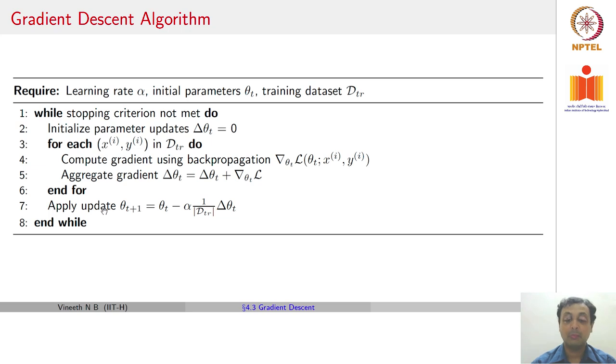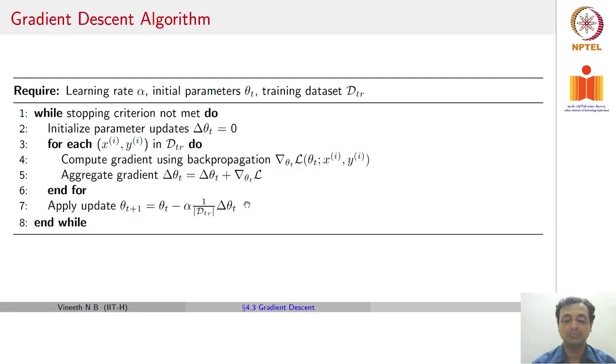Then finally you apply your update, and theta t plus 1, which is your parameters at the next time step, is equal to parameters at the current time step minus alpha times 1 by cardinality of Dtr, which is the number of data points that you have in your training data set, times delta theta t. How long do you train this?